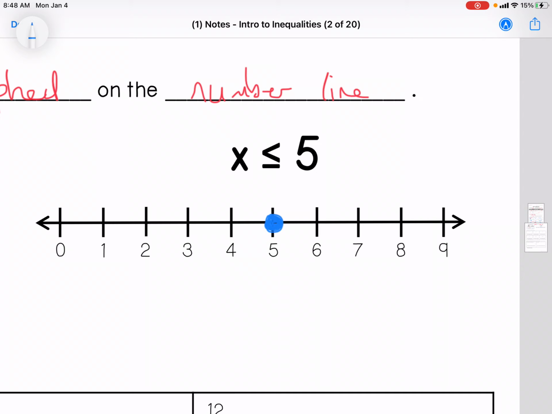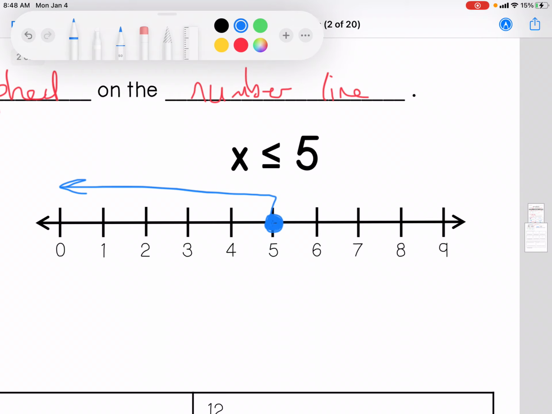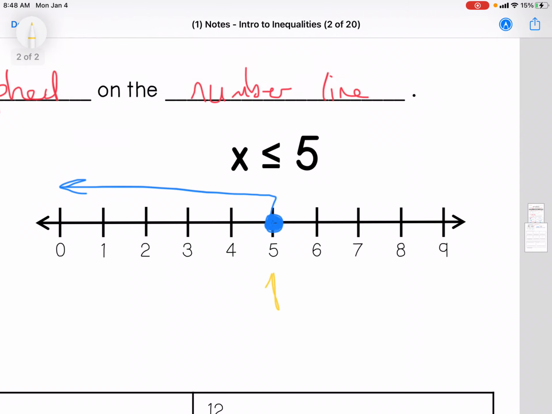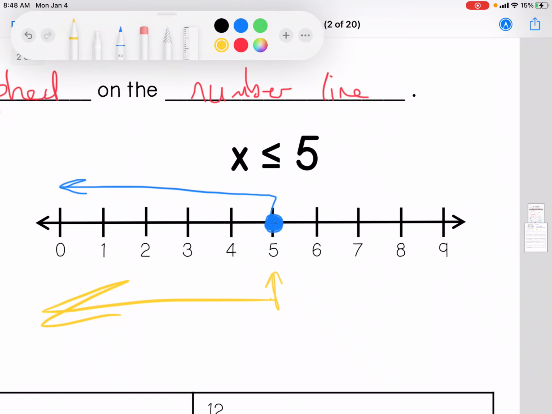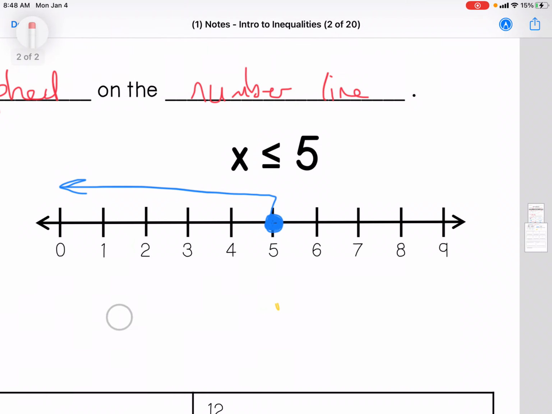And then our graph should look like this. You're going to draw an arrow pointing to the left. Why? That means starting at that blue dot, anything that way can be x. I could pick any number in the world. It doesn't matter, as long as it is 5 or less. Okay, that's why we use the line. Okay, all right.